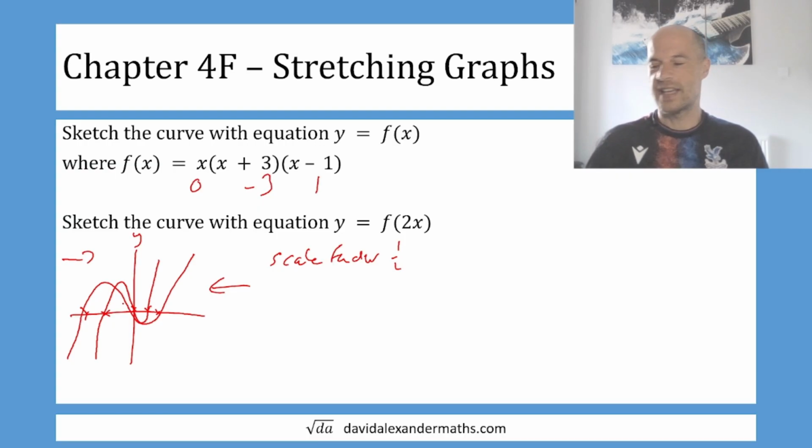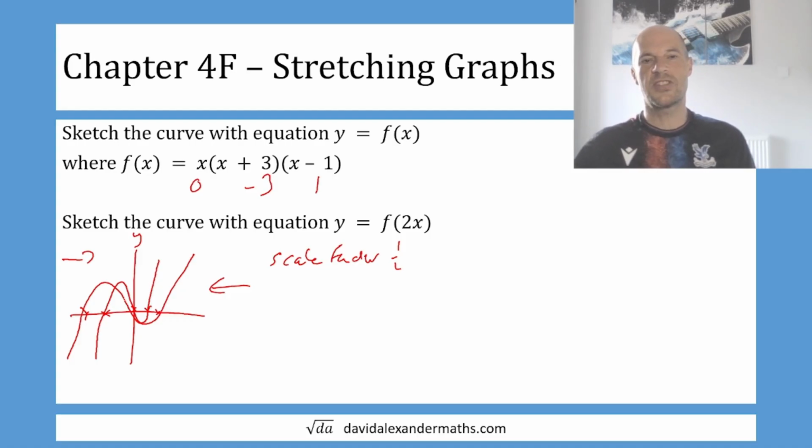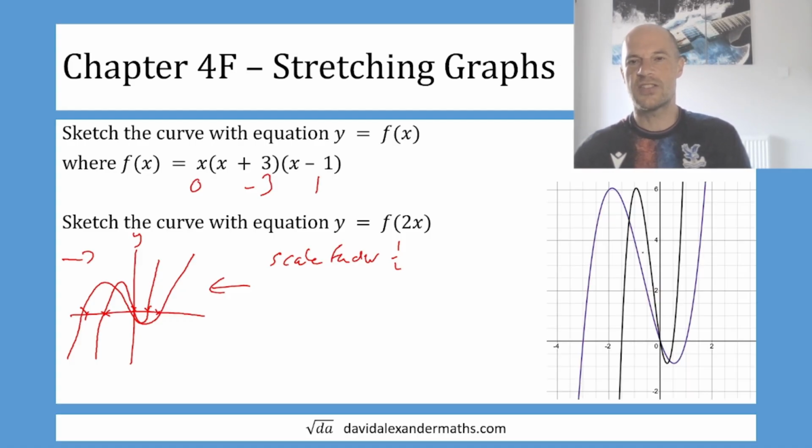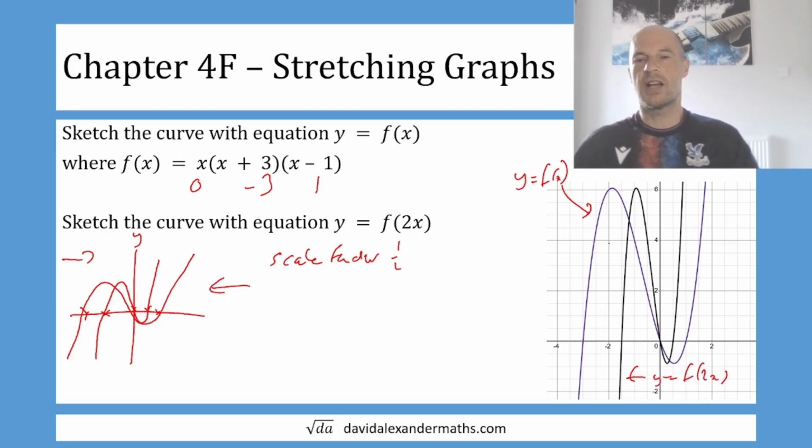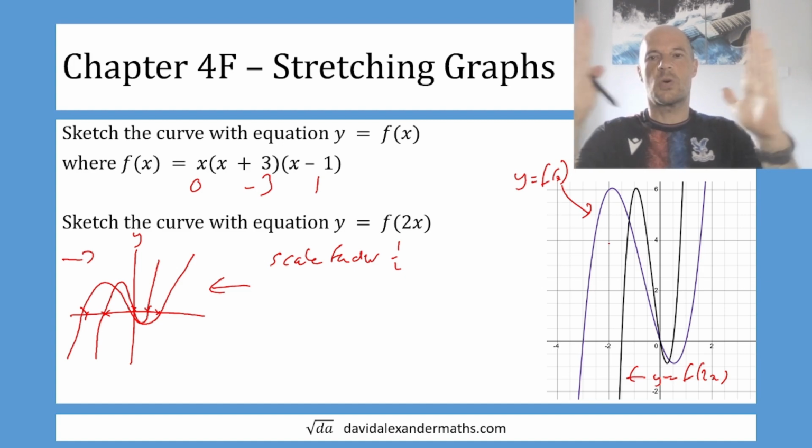Okay, again, not brilliant from my sketch there, but let's just take a look here. The blue one, that is y equals f of x, and we can see it's cutting through at -3. The black one, this is y equals f of 2x. So we can see the blue line has just been squashed in.